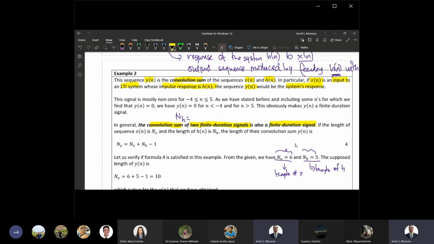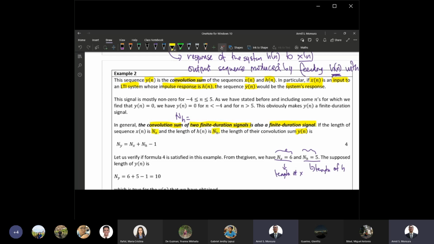So kung finite duration yung sequence x of n niyo at saka h of n niyo, which in this case 6 yung length ng x at saka 5 yung length ng h, it turns out na yung y of n niyo will also have a finite length. And there is a way for us to predict yung length of y, given na alam natin yung length ng x at saka yung length ng h.